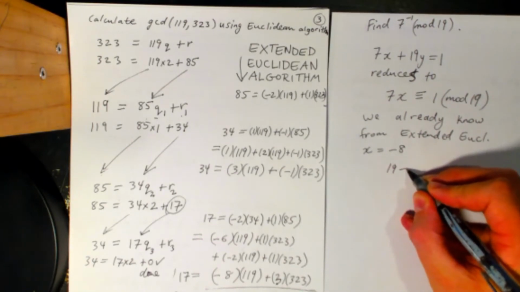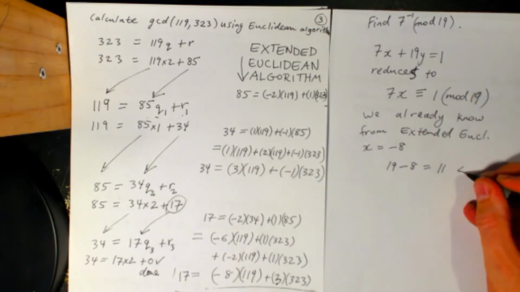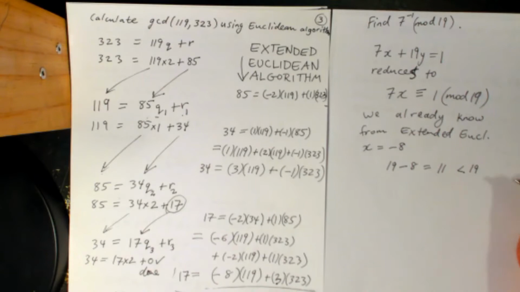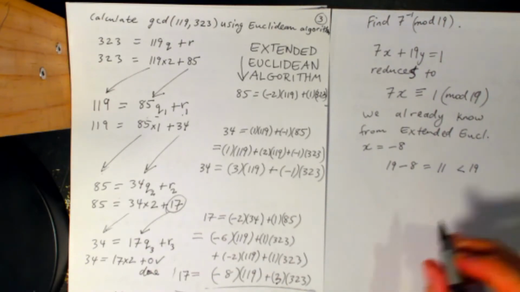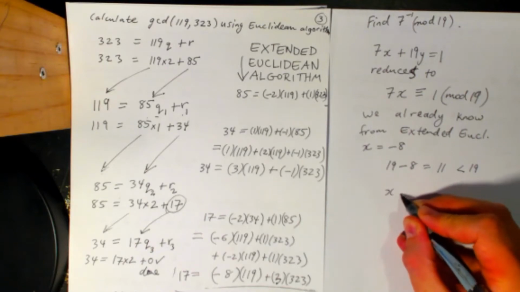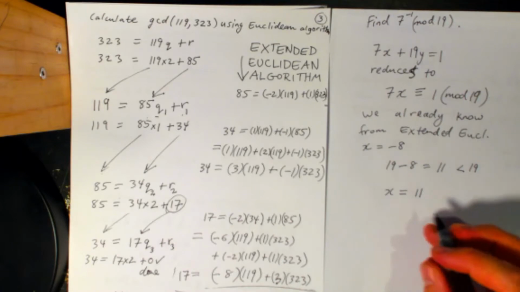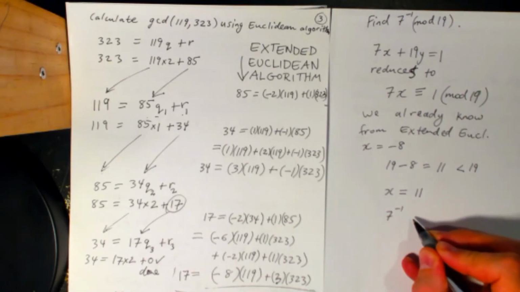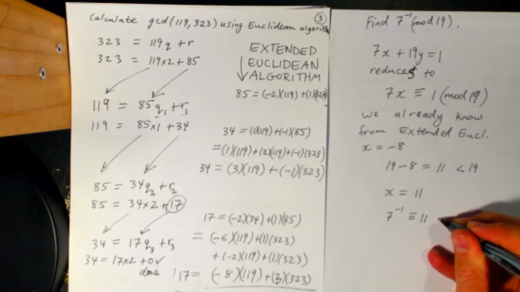So 19 minus 8 is equal to 11, which is less than 19 and greater than 0. So that will be a good representative. So x is equal to 11 is our modular inverse. We'll say 7 inverse is equal to, or congruent to, 11 mod 19.